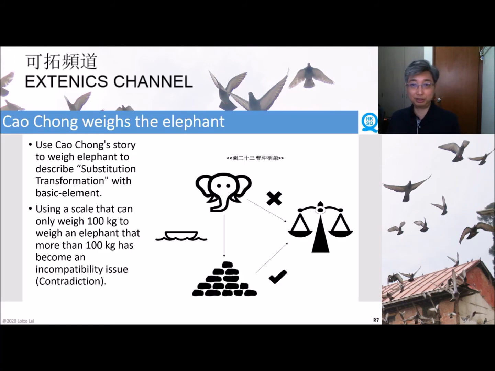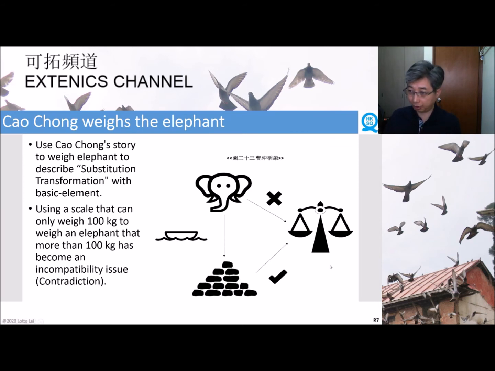Another Chinese example, which Professor Cai will quote every time, is Cao Chong weighing the elephant. Use this story to describe the substitution transformation using the basic element.